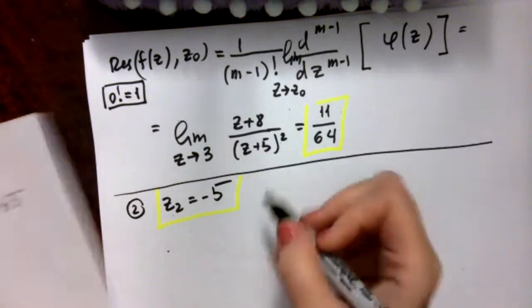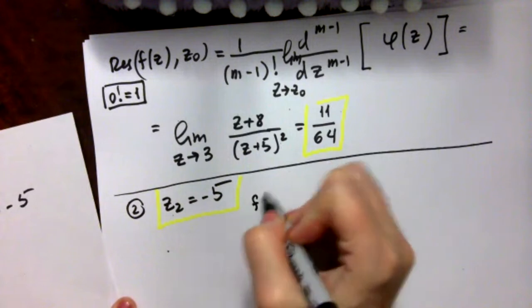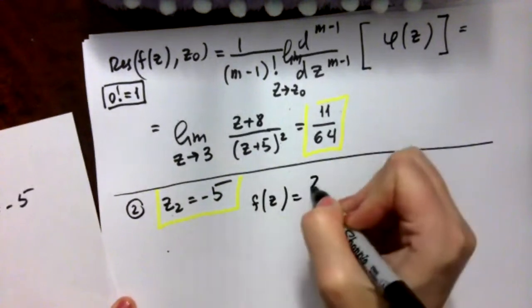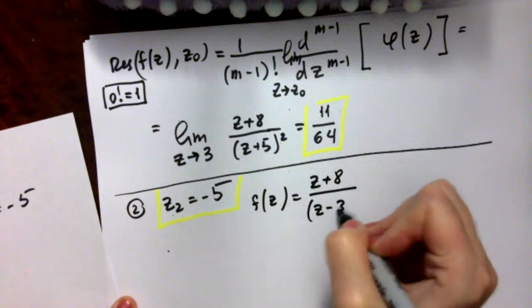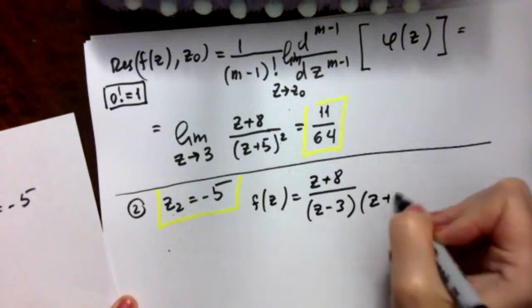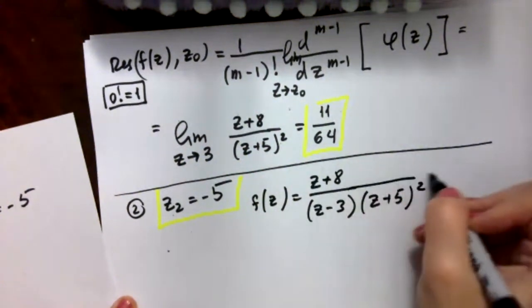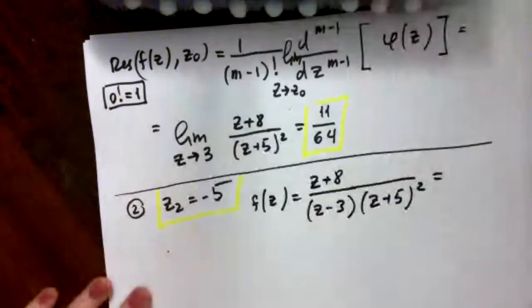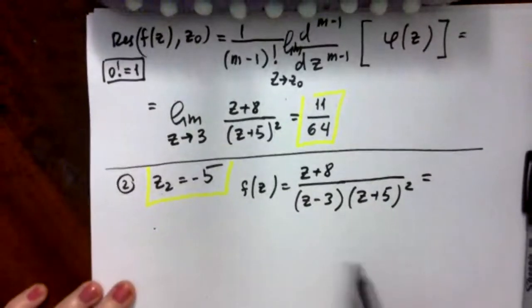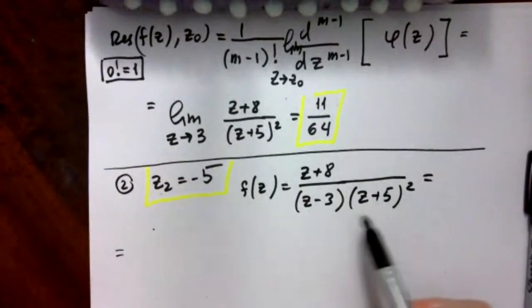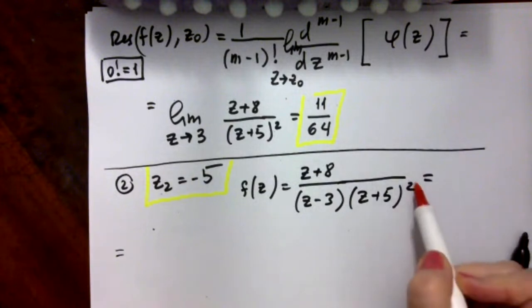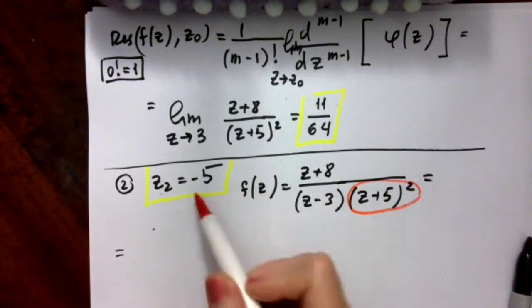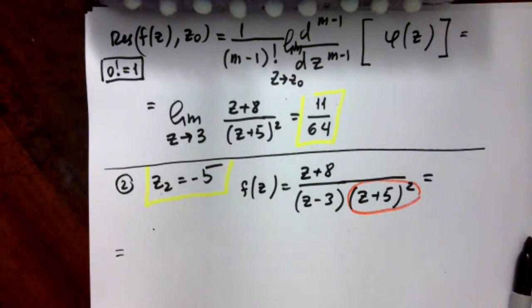Again, let me copy the function here first. So our function f of z is (z plus 8) divided by (z minus 3) times (z plus 5) squared. So I think that you know exactly what I'm going to do now. I'm going to reorganize my function in a different way, because I'm interested in this expression, which is responsible for this point minus 5.